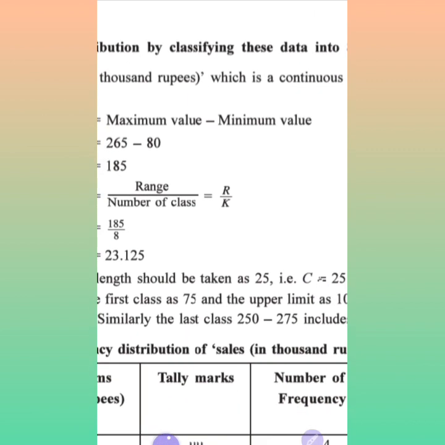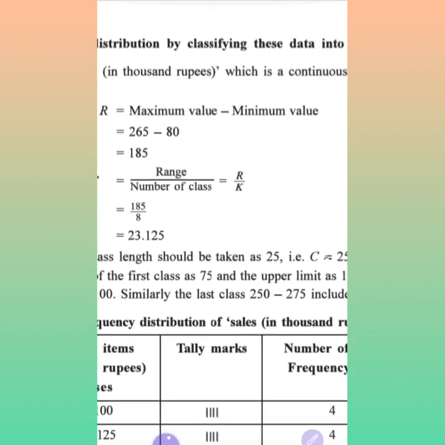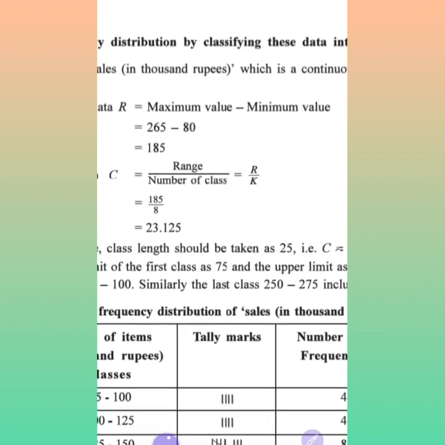We had seen in the sum that our maximum value was 265 and the minimum value was 80. If you deduct 265 minus 80, you will get 185, and that is our range.